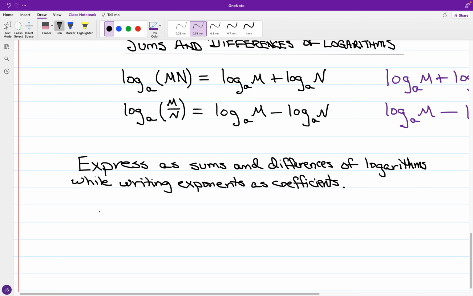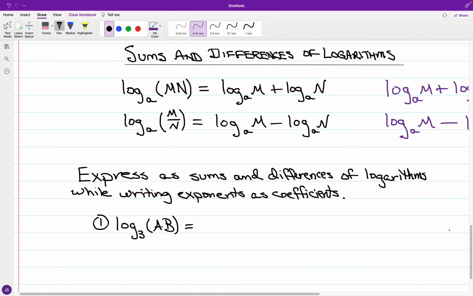And let's say that for the first case, I have the base 3 logarithm of a times b. So I have the base 3 logarithm, and I have a and b multiplying.